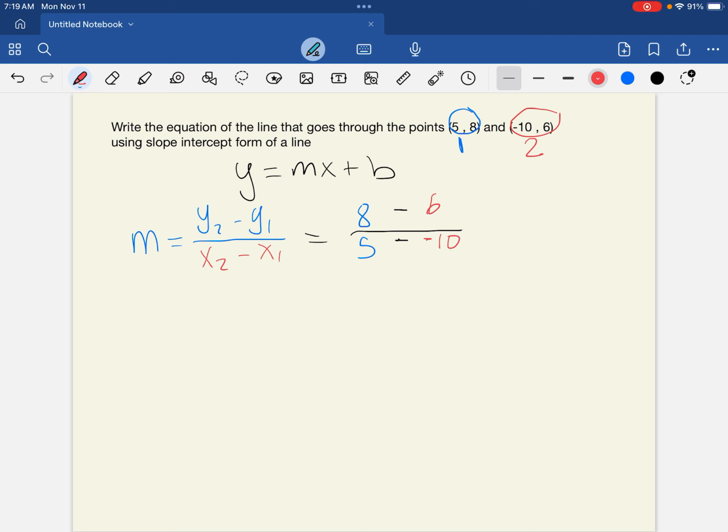Now, red and blue have to be vertically aligned. They have to be together. But I do not have to do blue first. I could do red first. Either way, I would subtract those two numbers, and I'm going to get 2 over 15. So my slope for this problem is 2/15, and I would love to plug this back into the equation.